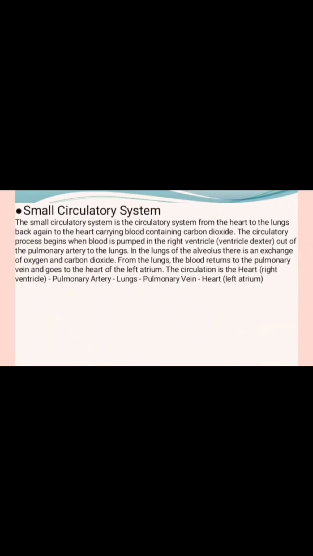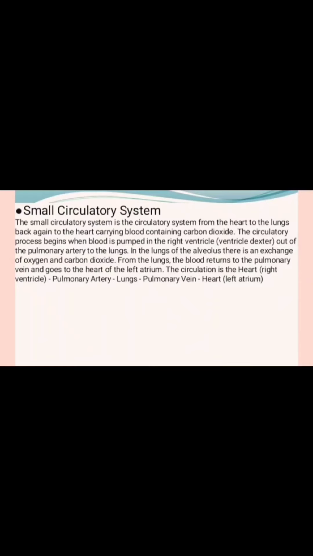Small circulation system. The small circulation system is the circulation system from the heart to the lung, back again to the heart, carrying blood containing carbon dioxide. The circulatory process begins when blood is pumped in the right ventricle atau ventricle dexter out of the pulmonary artery to the lungs.